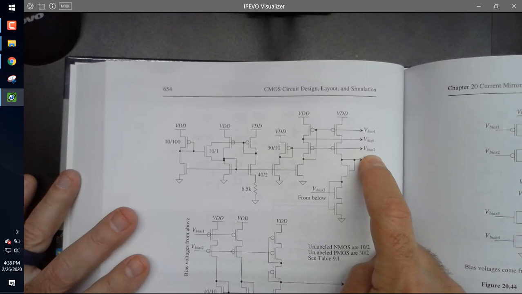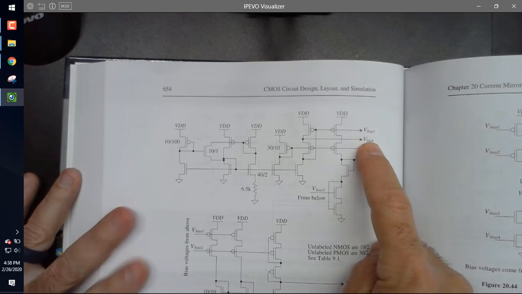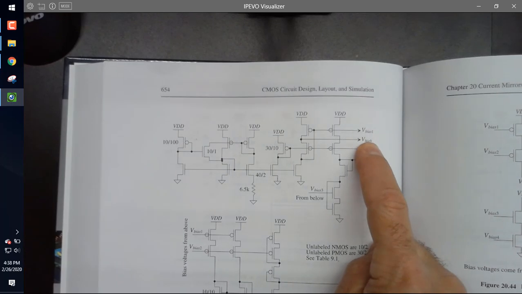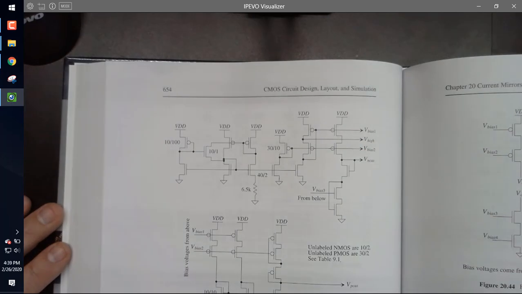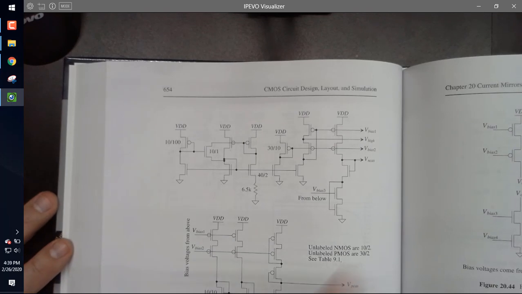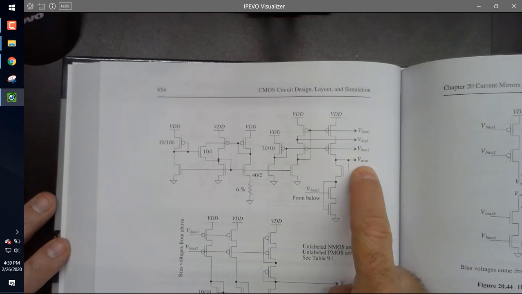So now you notice I take and I call this gate voltage V bias 1. I call this voltage V bias 2. And then, just because we'll find this useful down the road, I'm going to call V high, which is VDD minus VSD SAT, a voltage that I can also use for biasing. Now, we'll look at this again next time, but you see this VN cascode?